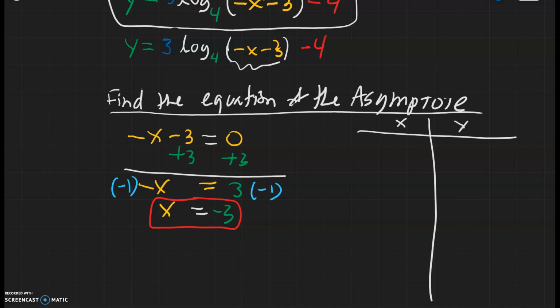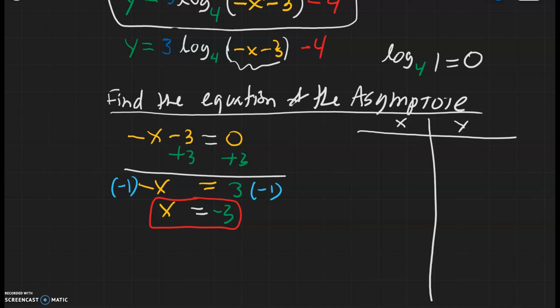The first point that I want is, well, first of all, let's look at that. It would be nice if we could be working with log base 4 of 1. If we could generate what's inside the parentheses to equal 1, log base 4 of 1 actually equals 0.